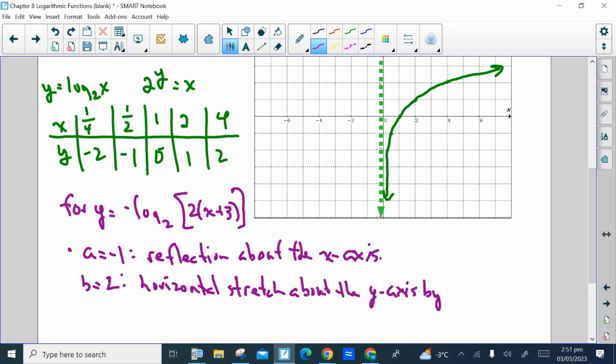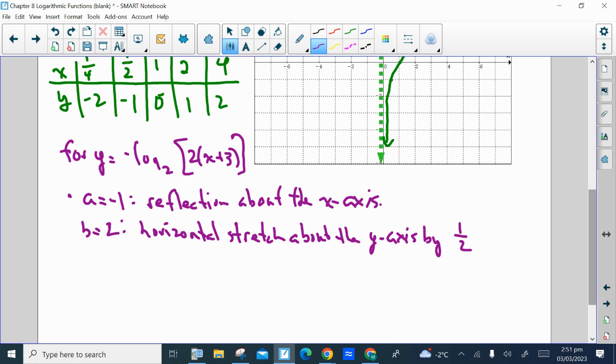And remember, the scale factor is always the reciprocal of b. So the horizontal stretch factor about the y-axis will be by a factor of 1/2. You must say about what axis the stretch is about. And then we have an h value of negative 3, which means the graph is going to shift 3 left.